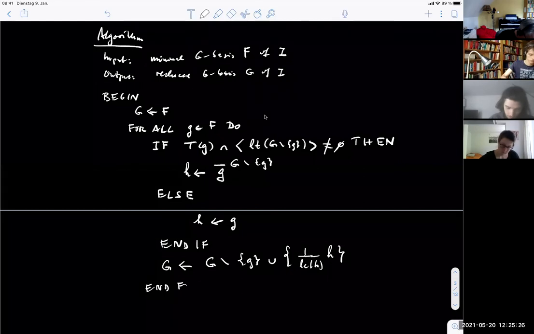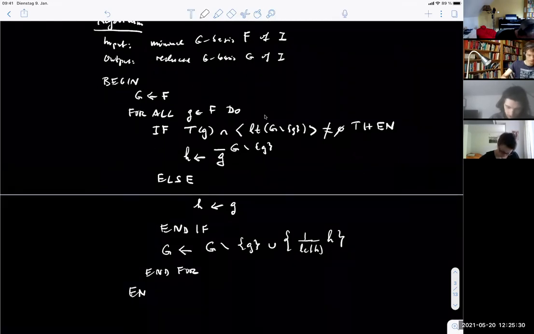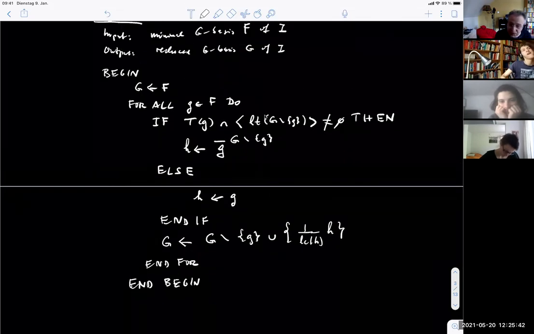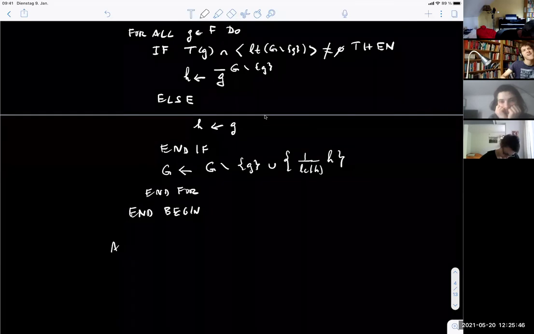And 4 and end of everything and begin. Okay, so that's very easy. And you can convince yourself that this algorithm works correctly. I am not going to prove it. It's very easy.